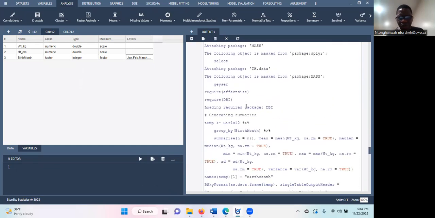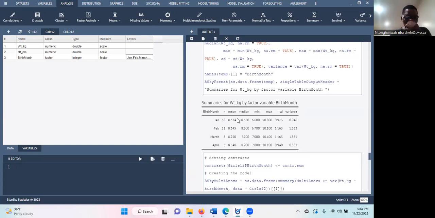So there's the analysis box. And here, what we have, January, we knew there were 38 girls. And for those 38 girls, the mean was 8.3. For February, the mean was another 8.3.